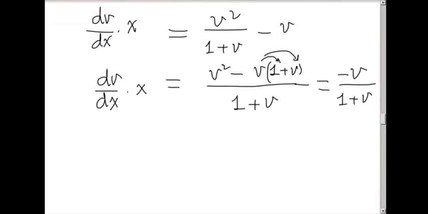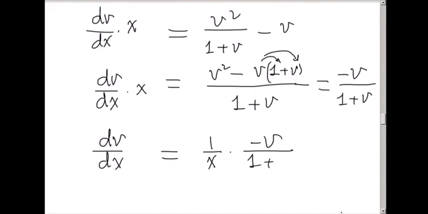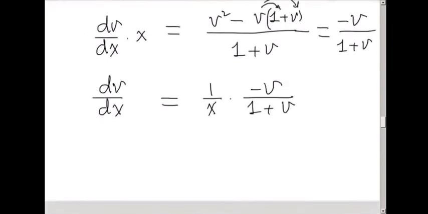So in this, we have a separable equation because, as before, we divide both sides by x, we have 1 over x here, and then minus v over 1 plus v, and we can separate the equation.